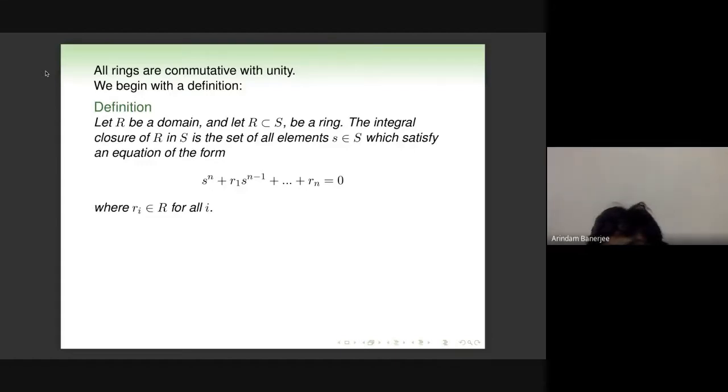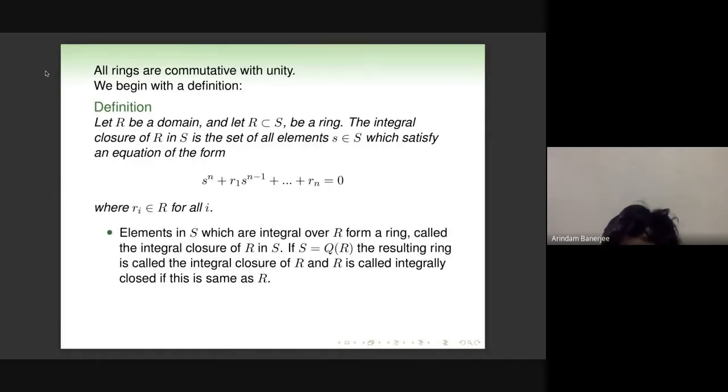So let R be a domain and S be an extension of R. The integral closure of R in S is the set of all elements small s in S which satisfy a monic equation with coefficients in R, where basically s to the n plus summation r_i s to the i is equal to 0. If this equation is satisfied, then s is called integral.